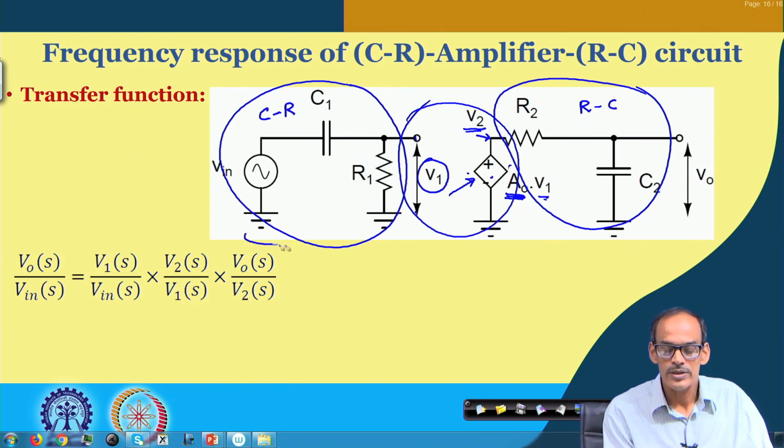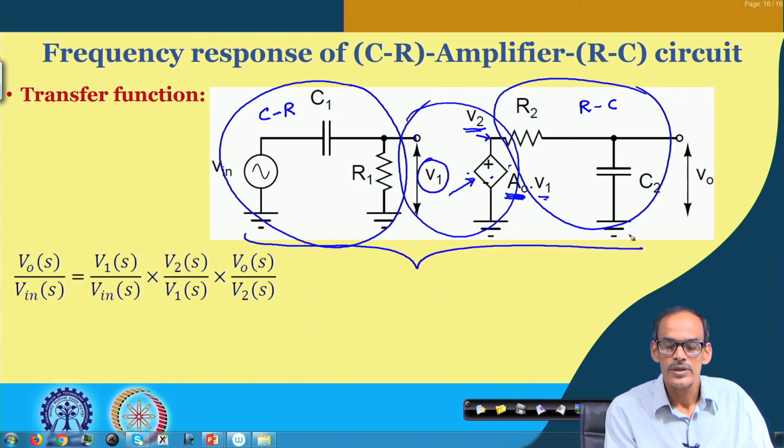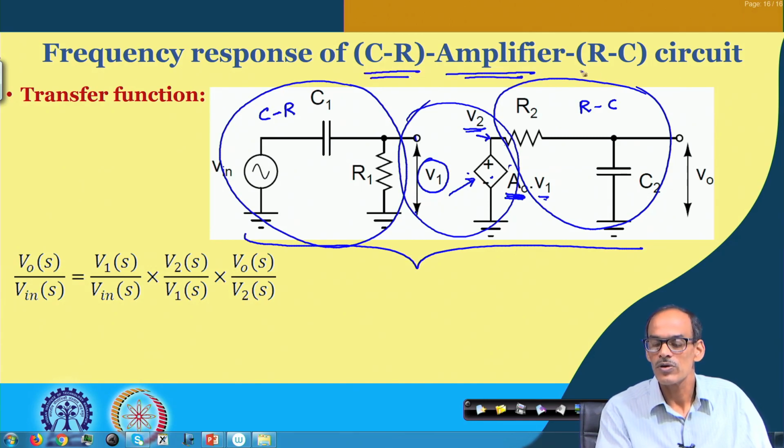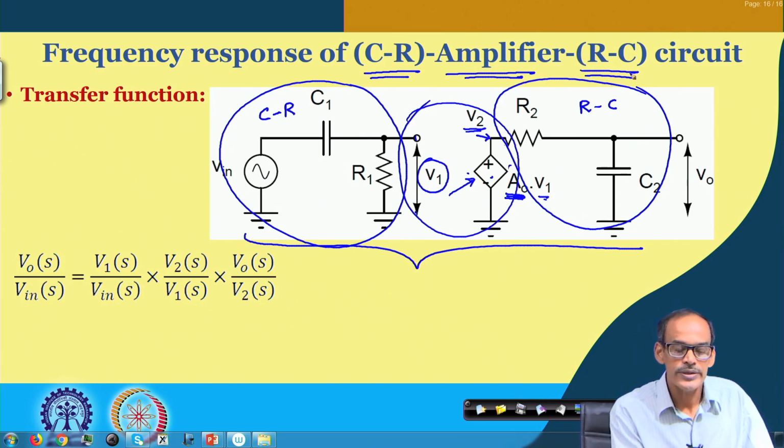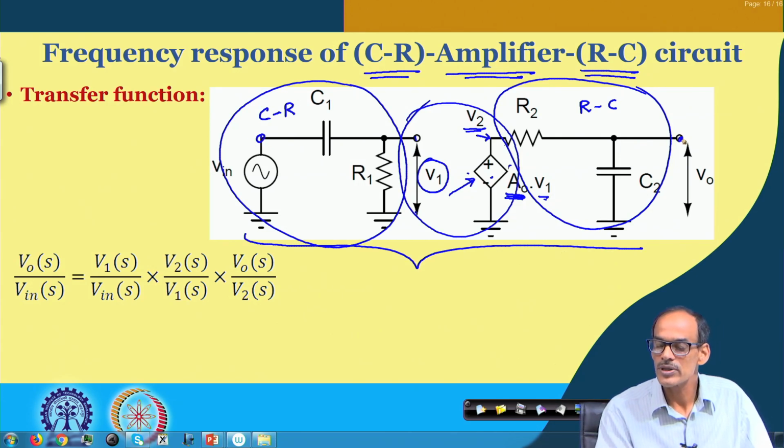So, the whole circuit is a cascade of the CR circuit followed by the amplifier and then followed by the RC circuit. If we stimulate this circuit from this point and observe the corresponding output here, we can get the transfer function of the whole system by considering each of these parts.